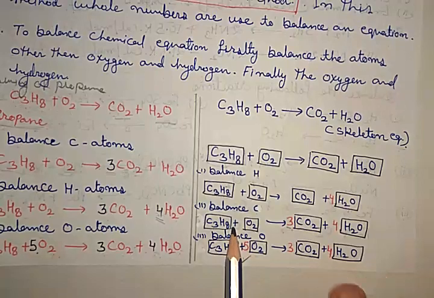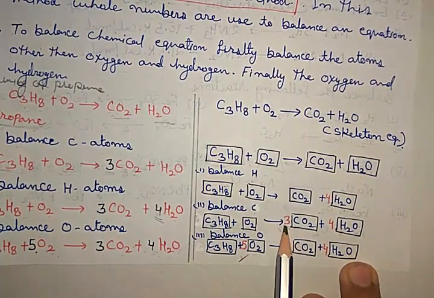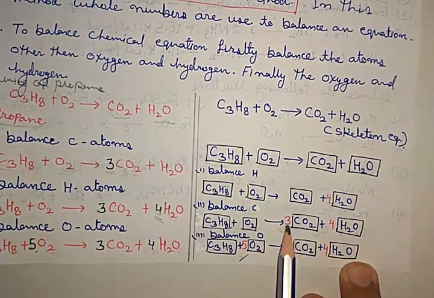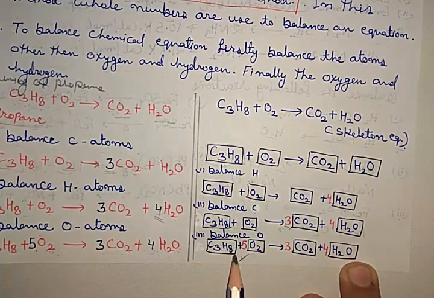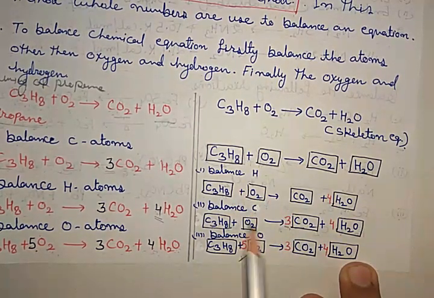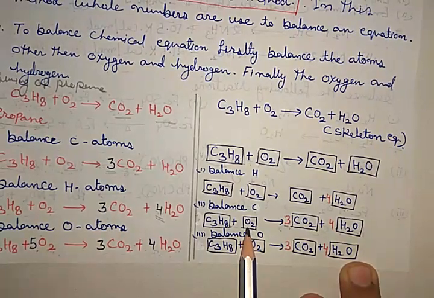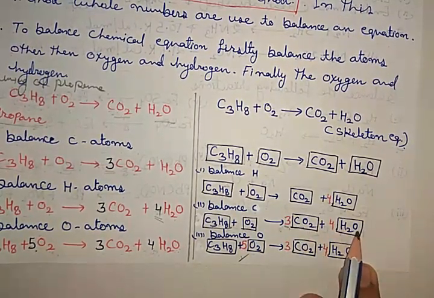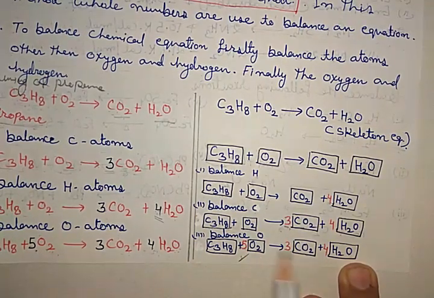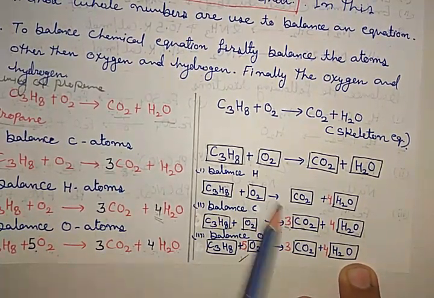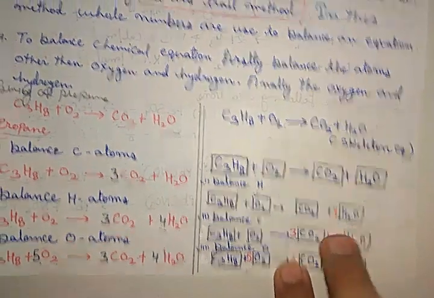Okay, balancing of carbon, 3 carbon here, 1 there, so place 3 here, so it becomes 3 on that side also. Balancing of oxygen, now after balancing hydrogen and carbon, in the equation the oxygen on the reactant side is 2 and on the product side 6 plus 4, 10. So if we put 5 here, then they become equal. Okay, so you can use any of these methods.